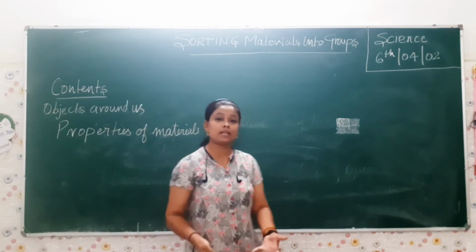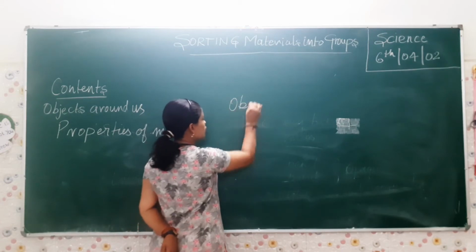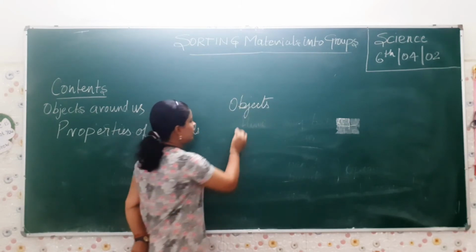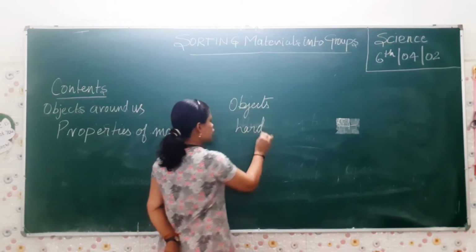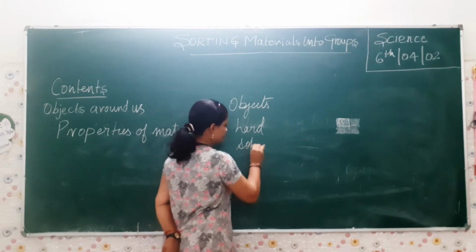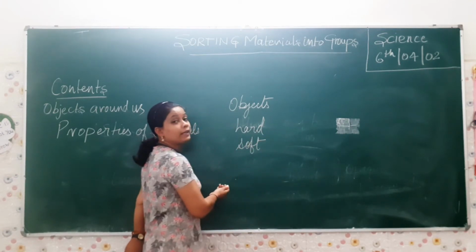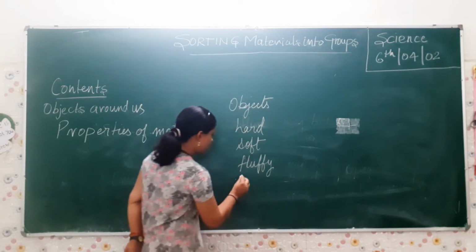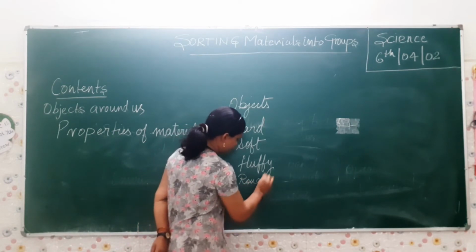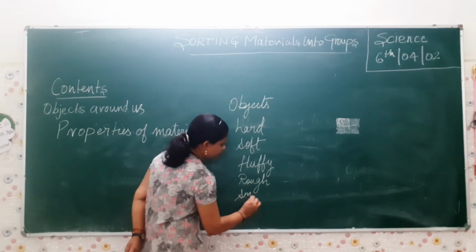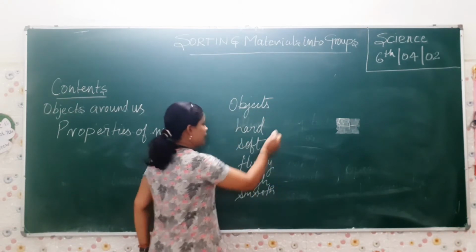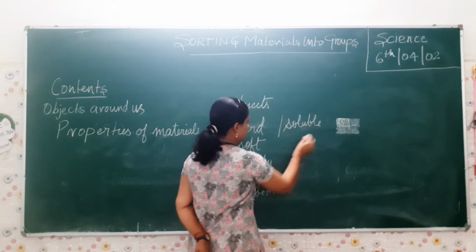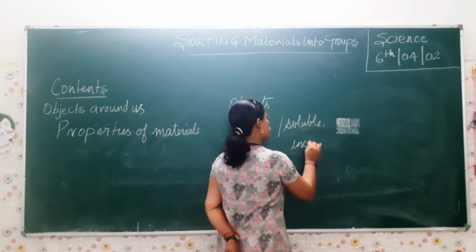Properties of materials means objects can be hard, soft, then an object can be fluffy, rough, smooth, then soluble, even insoluble.